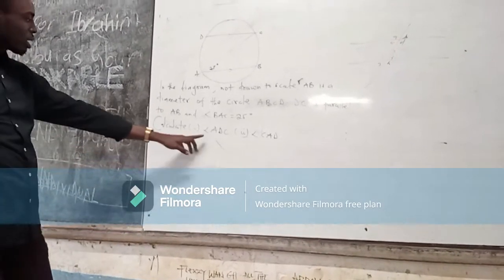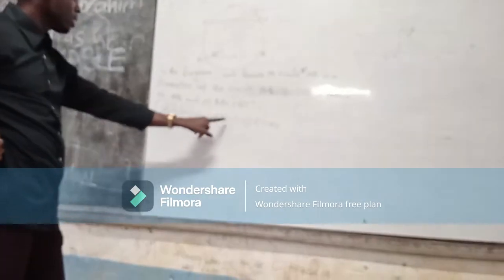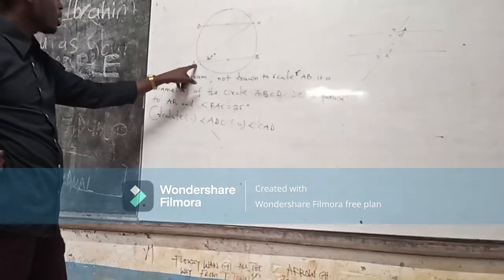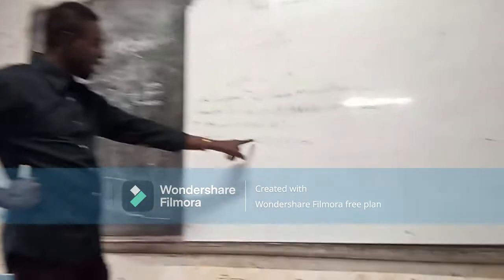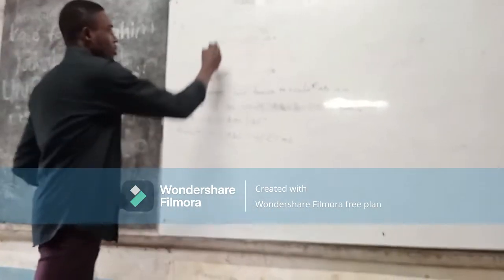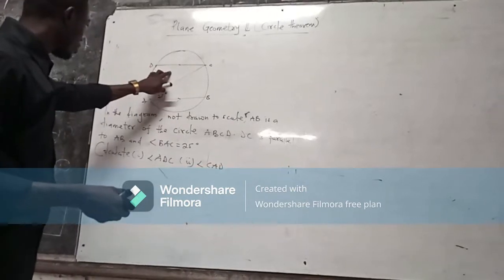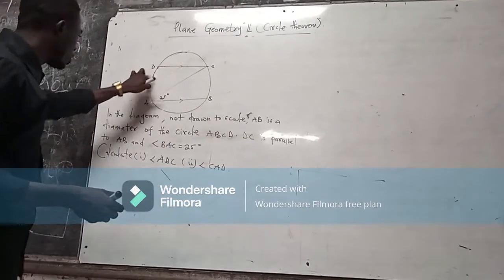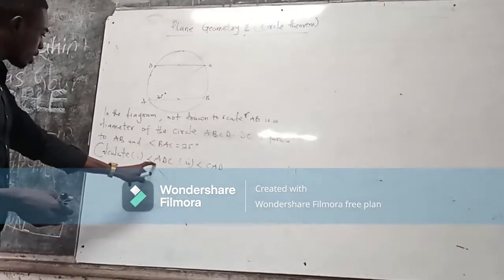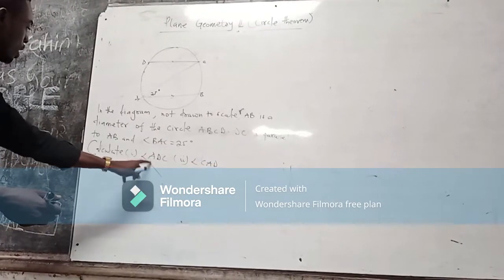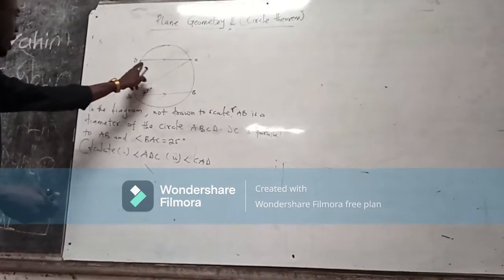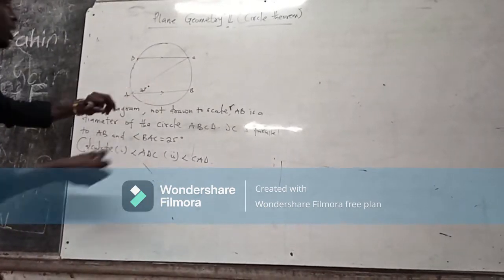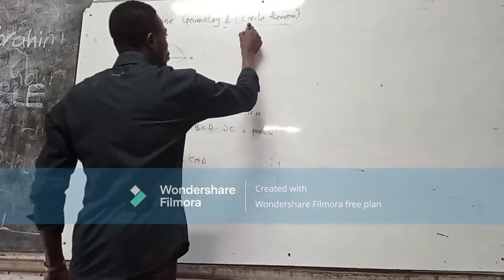But anyway, they are saying that we should find ABC. There's no line here, so you have to create a line. When they say ABC, this one you have to draw, because it was not created. They are asking us to find ABC, which means an angle is formed, and we have explained that an angle is formed between two lines.